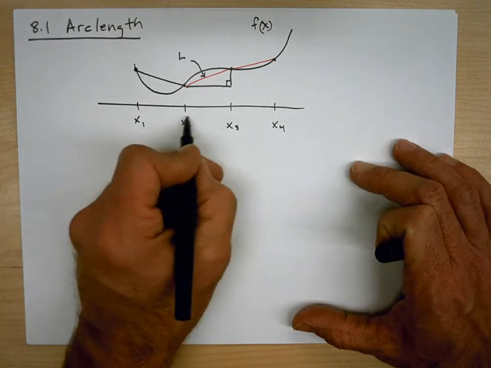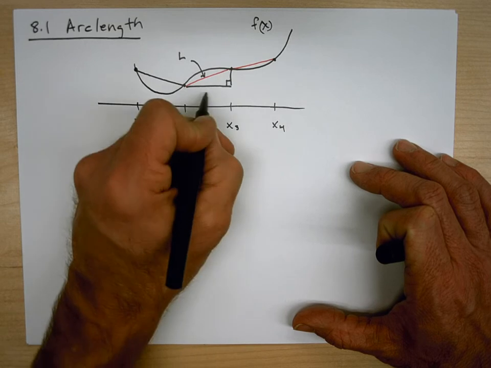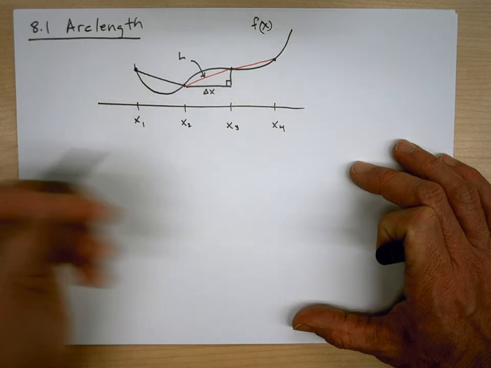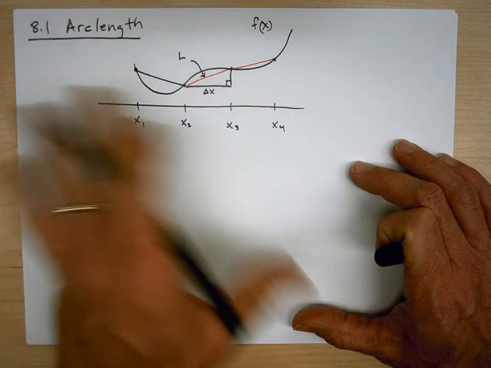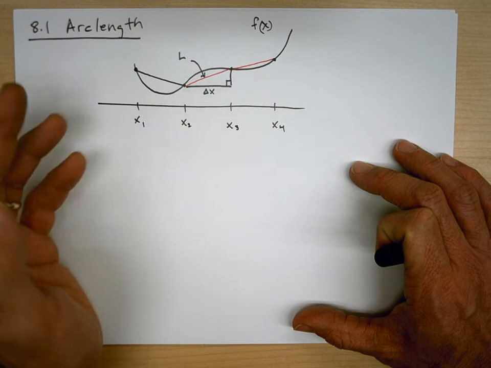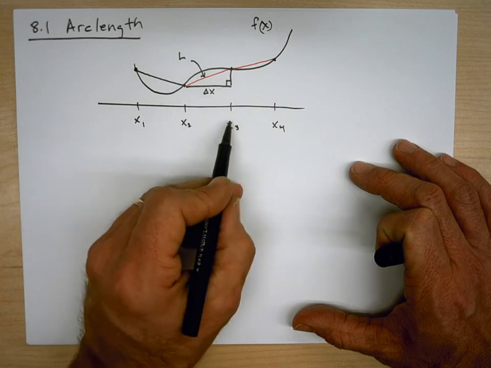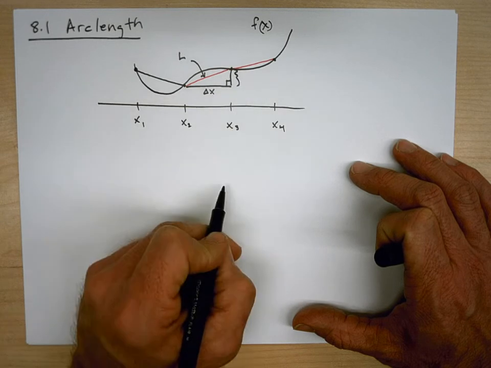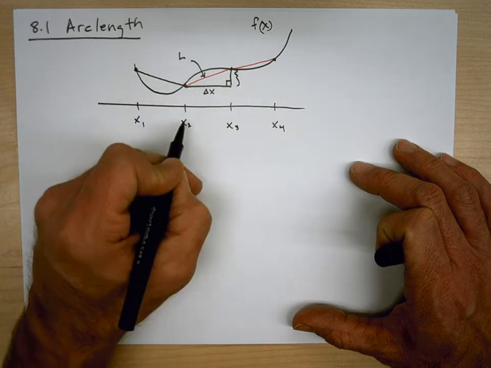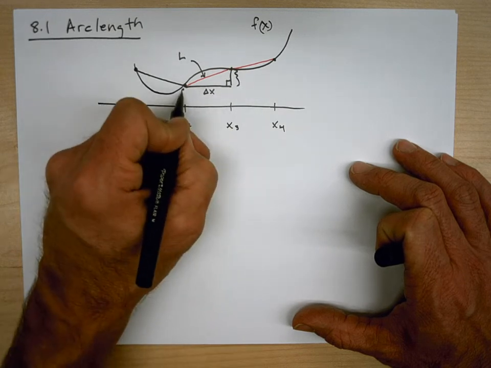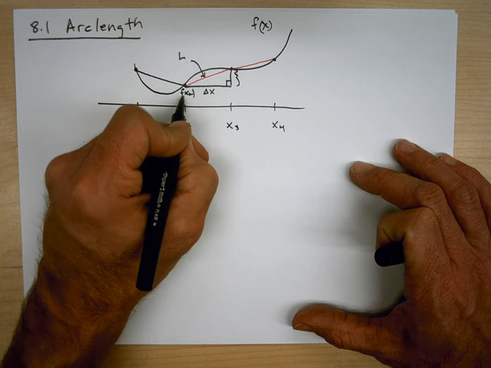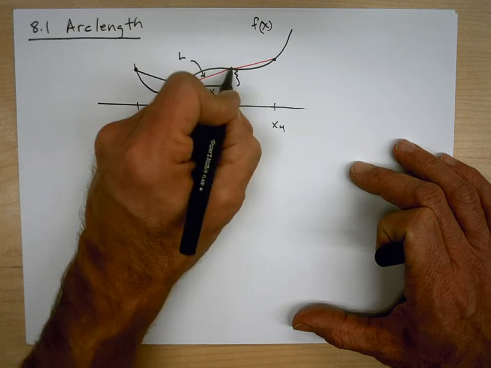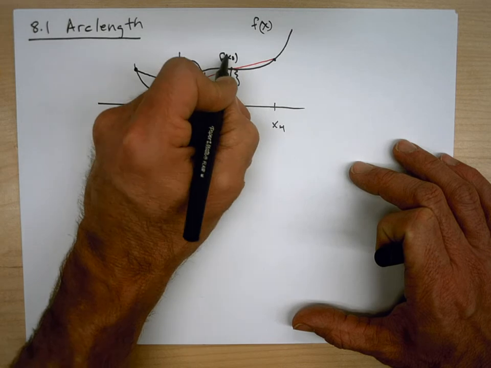We're going to call the distance between any two points delta x. It doesn't necessarily need to be the same, but just for the sake of this derivation, I'm going to say that it is, so x3 minus x2 is my delta x. Then this vertical distance right here would be f of x2, the function value associated with x2, and this one right here would be f of x3.